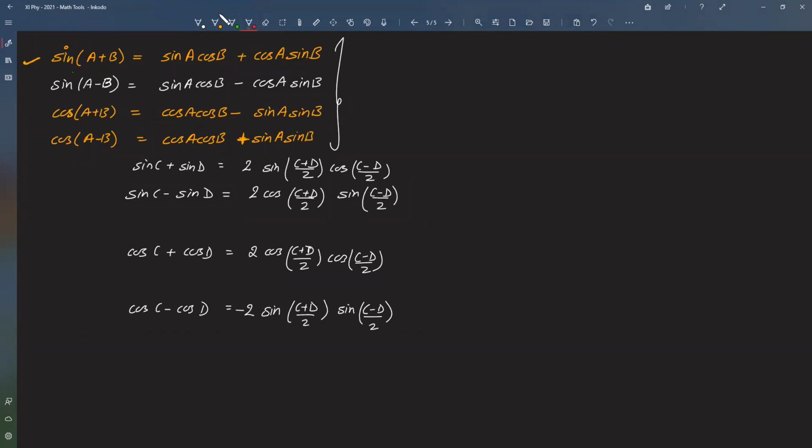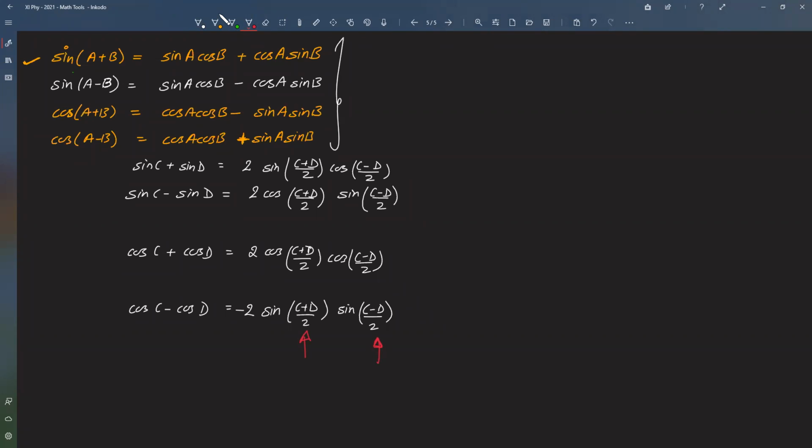One pattern which is very simple, I'll tell you here itself. See here, the first ratio is of angle (C plus D) by 2, and the second ratio is of angle (C minus D) by 2. Now you only have to learn which ratio is the first one and which one is the second one.